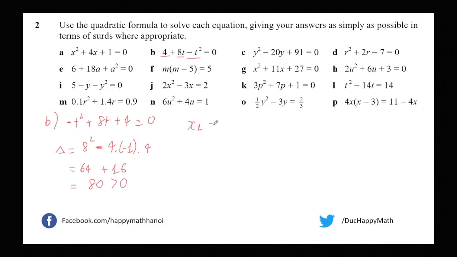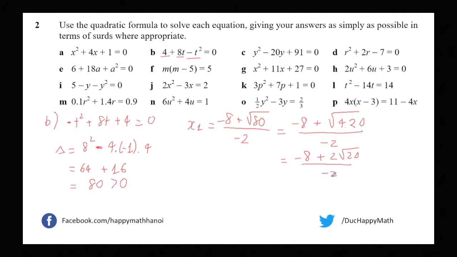So x1 will be equal to minus b. It means minus 8 plus square root of 80 divided by 2a. It means 2 times minus 1, so minus 2. So first one I will take minus b, minus 8 plus the square root of 4 times 20, which is minus 8 plus 2 square root of 20, and minus b.